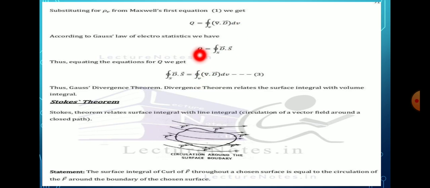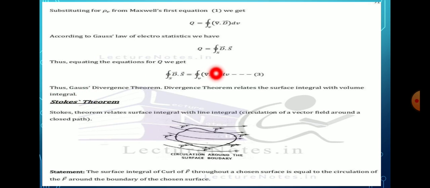Here we put the closed integration over V of del dot D bar into dV. This equation 3 is represented as the Gauss divergence theorem. The divergence theorem relates the surface integral with the volume integral.